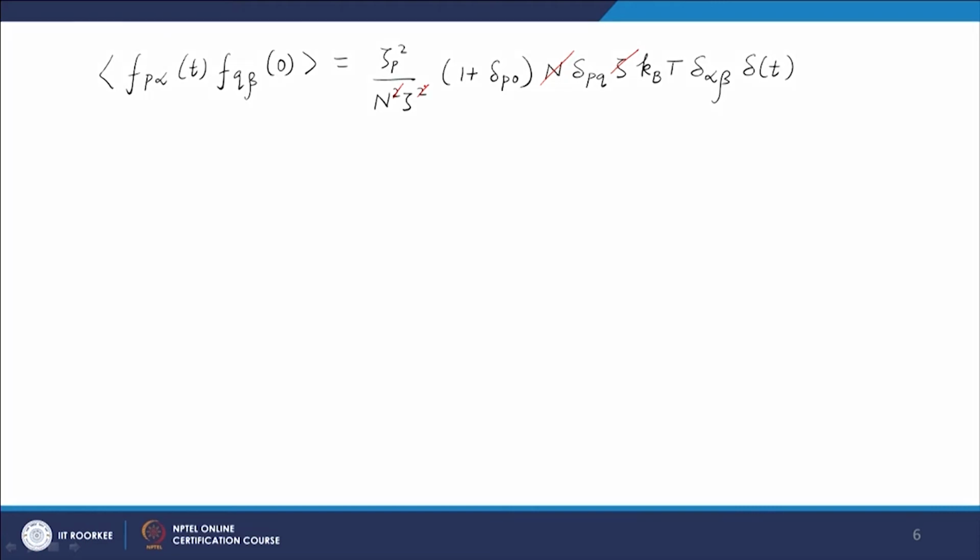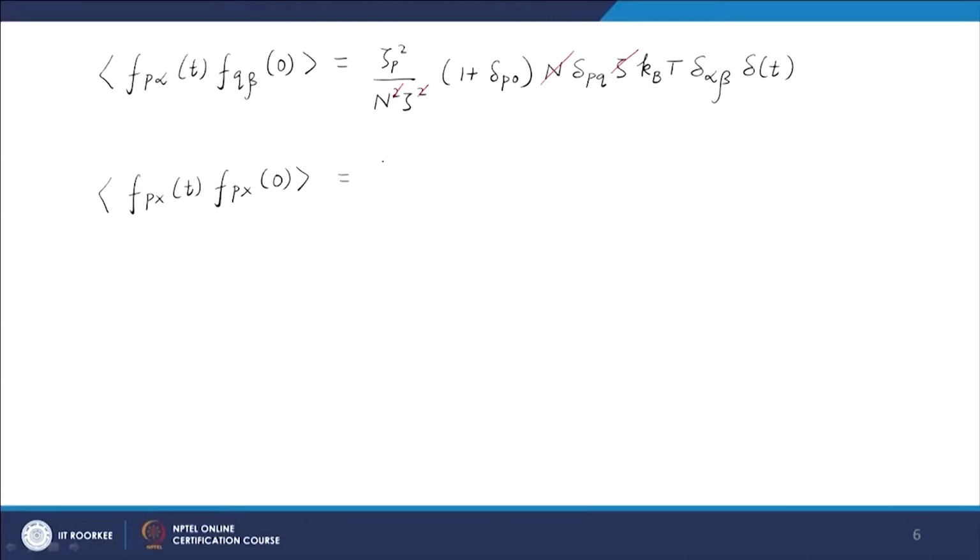So, now since I am interested in f p x t f p x 0, delta p q is equal to 1 because I have set p is equal to q, and delta alpha beta is also equal to 1 because we only are looking at x coordinates. So, we have zeta p square by n zeta multiplied by 1 plus delta p 0 kbt delta t.